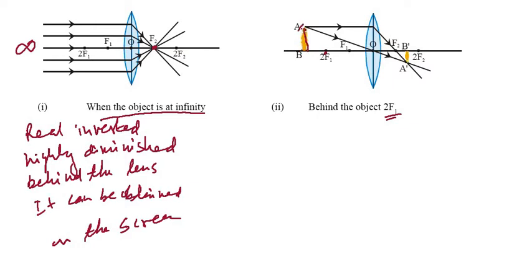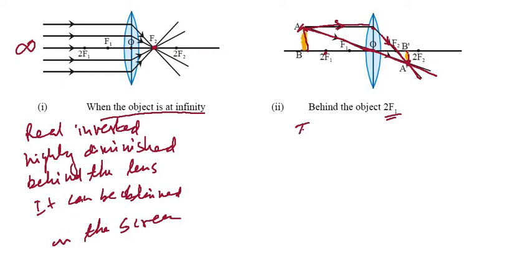You can see the object placed here, and its image is formed here. We apply the laws. First, a ray goes parallel to the principal axis, and after refraction it will pass through the focus. You can see here, and when a ray passes through the optical center, it passes without deviation, and they intersect at this point A dash. So A dash B dash is the image, and the image is formed between focus F2 and 2F.